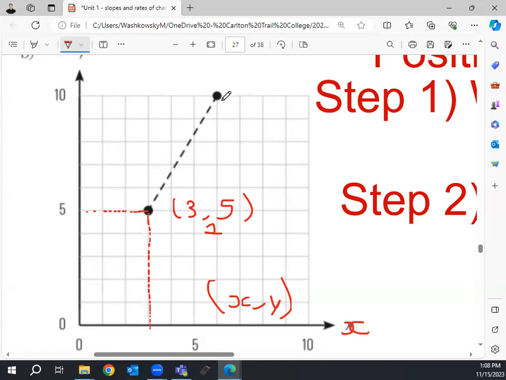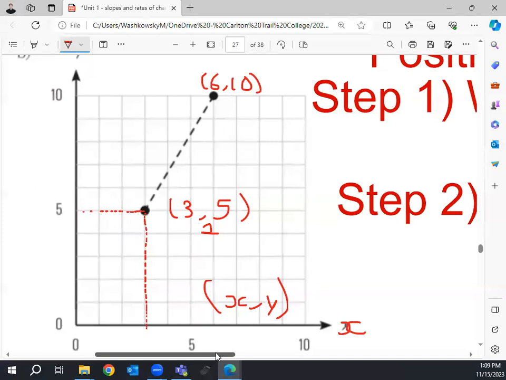And then we're going to go to this next point here. What are the coordinates of this little dot here? 6 and 10. Yeah, you're right. This is my y-axis here, so 10 is the y, 6 is the x. That would be X2 and Y2, and this would be my second one.